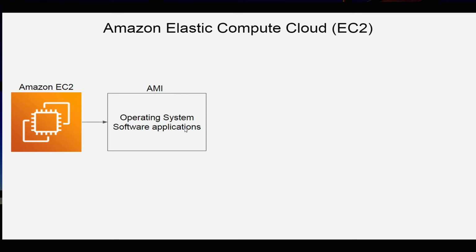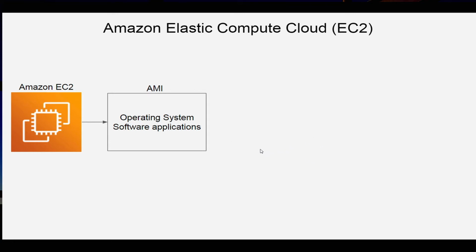This AMI provides templates which contain software configurations, such as operating system, software applications, etc. So that means here you need to specify whether you want Windows or Linux operating system, and you can also specify what kind of software applications you want. For instance, if you are a web developer, you may need WordPress, all right? In that case, you can specify a template which includes your desired operating system and software application.